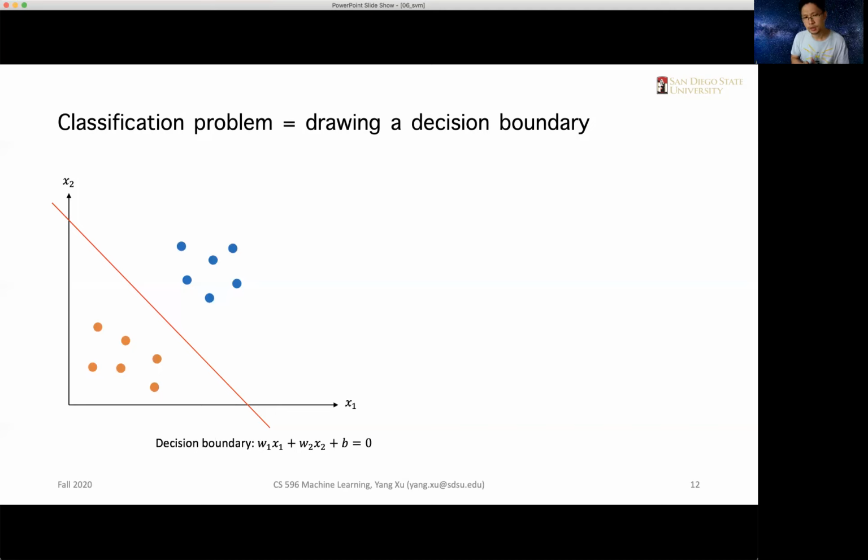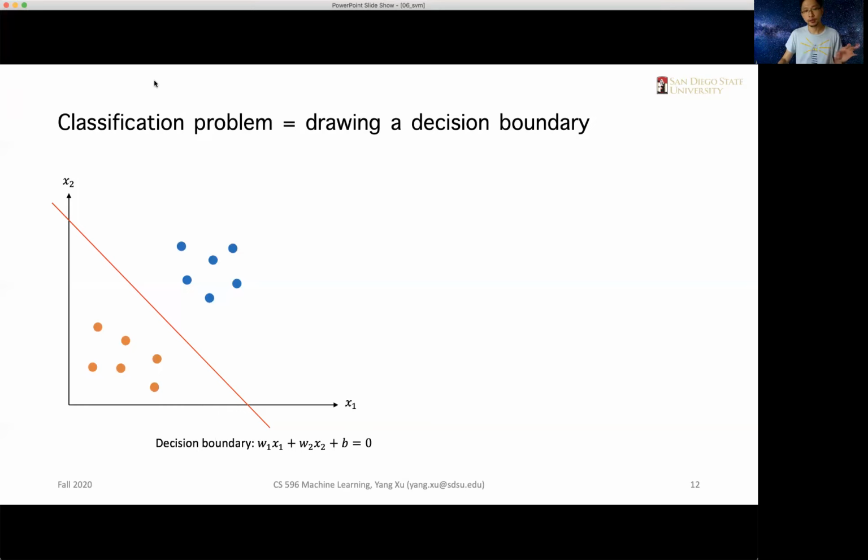So a decision boundary in the 2D space, so we use the 2D space as an example, with all the data points having two features, x1 and x2. If we visualize all the data points, they all exist in the 2D plane.